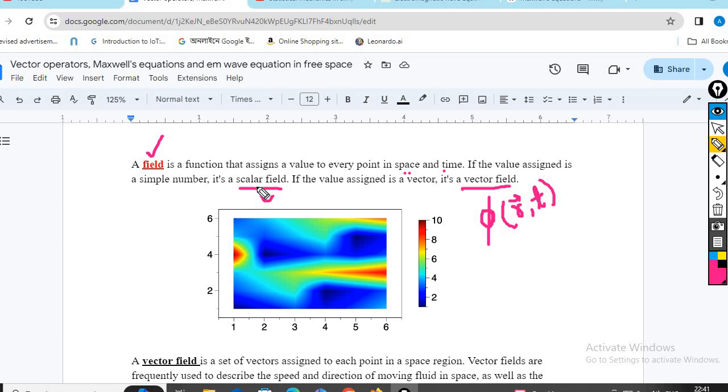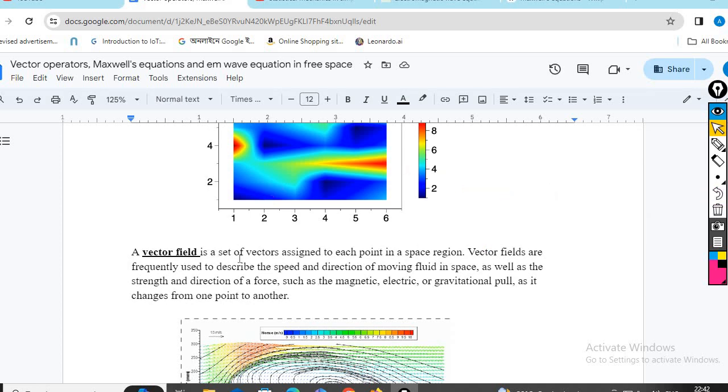They are basically scalar quantities. Whereas the simplest examples of vector fields are the electric field, magnetic field, and gravitational field. All are under the umbrella of vector fields.